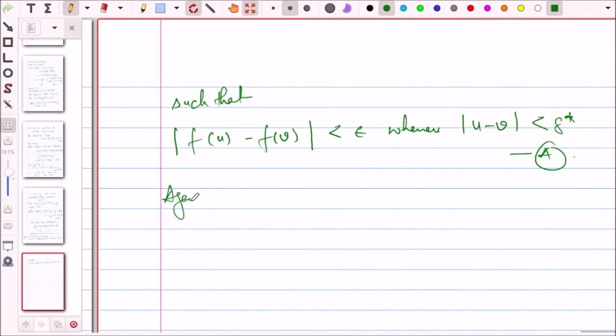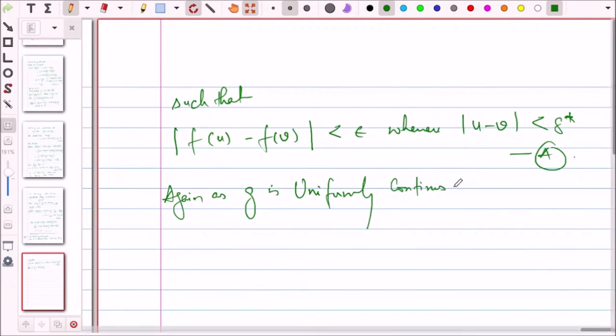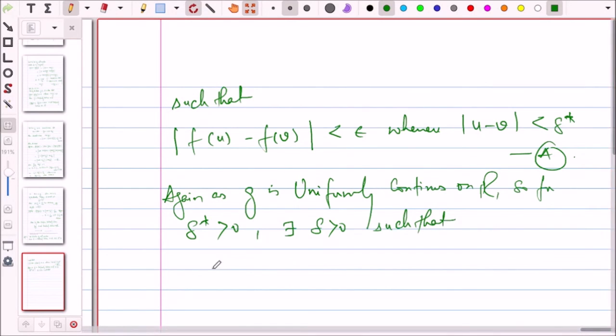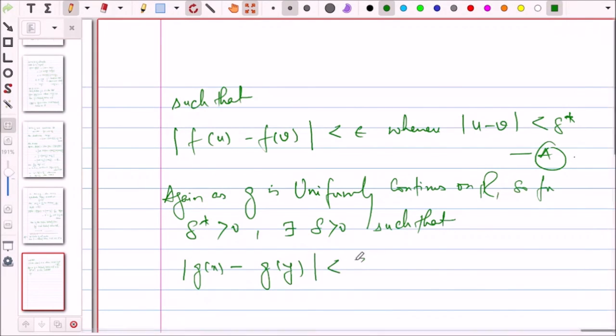Again, as g is uniformly continuous on R, instead of epsilon, now we will take this delta star. For delta star greater than 0, there exists delta greater than 0, replacing epsilon by delta star in the uniform continuity definition, such that |g(x) minus g(y)| is less than delta star whenever |x minus y| is less than delta.